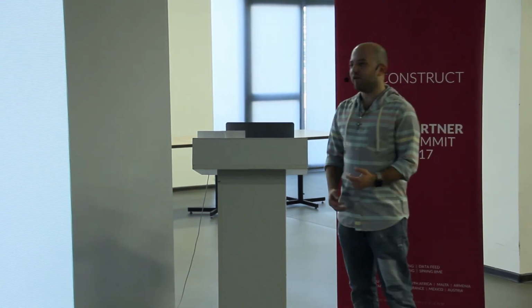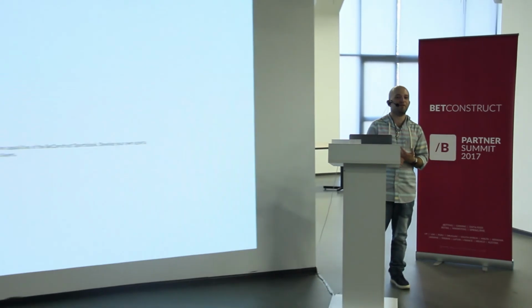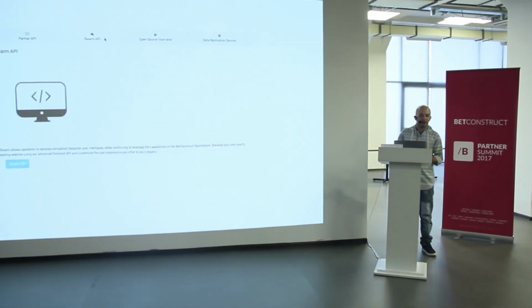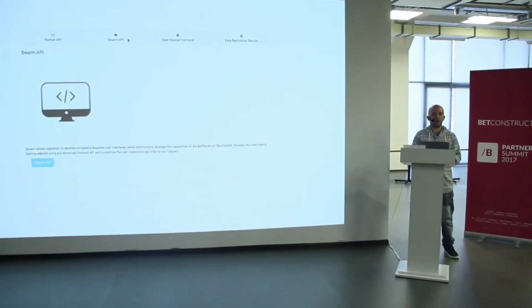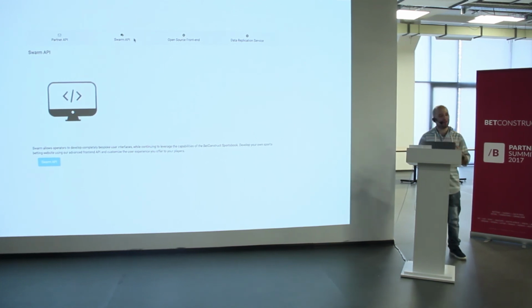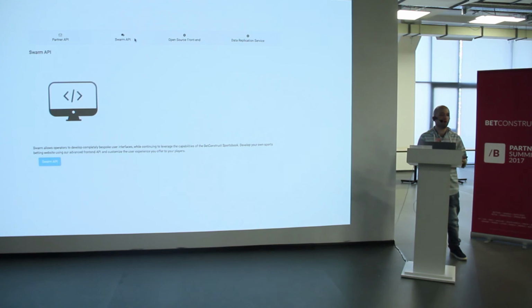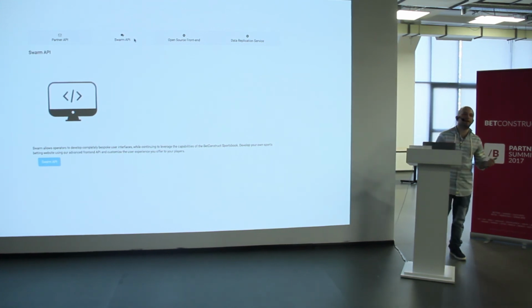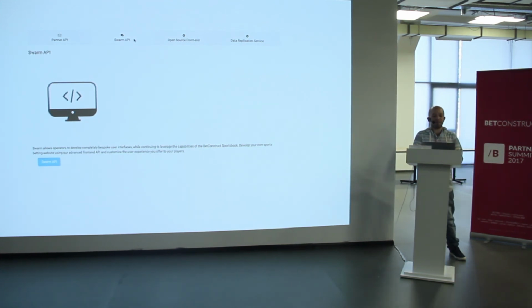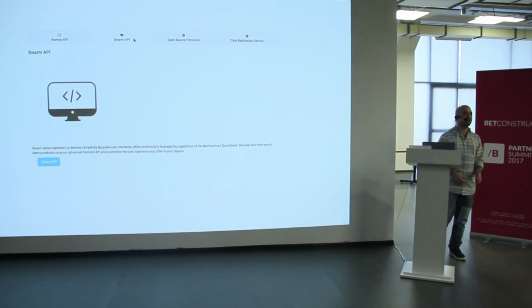Swarm API is a fantastic API. I love this API very much because I have used it quite a lot. And it gives you the chance to build maybe everything from scratch. Your own UX, your own vision for betting and gaming websites. Actually, I have used this Swarm API to build Spring Builder from scratch.